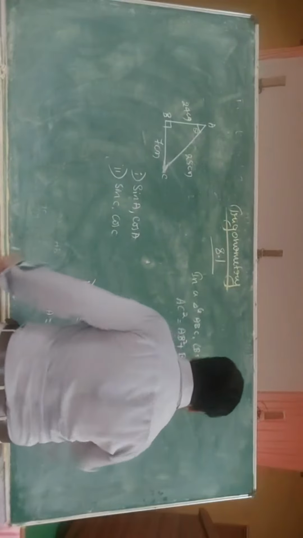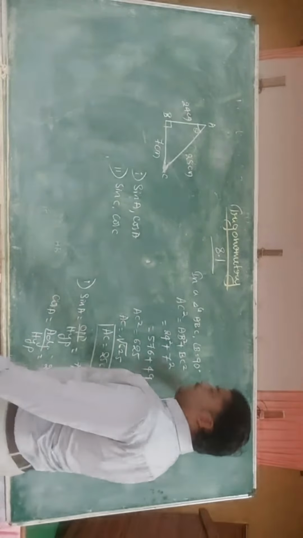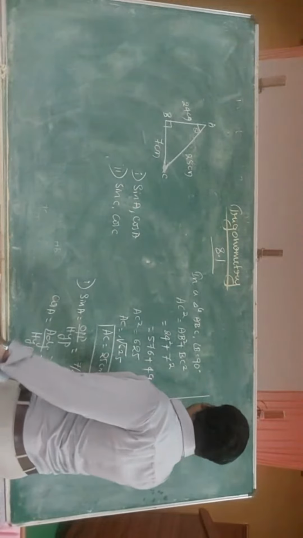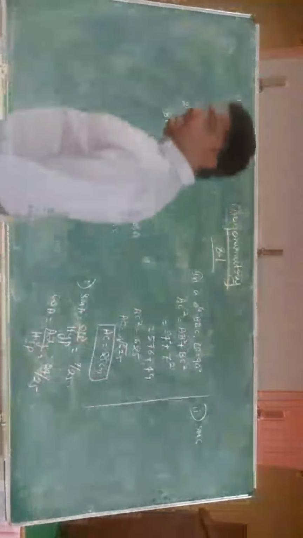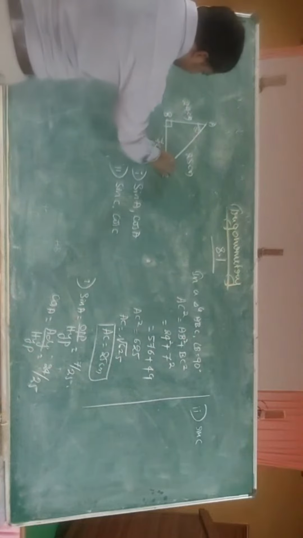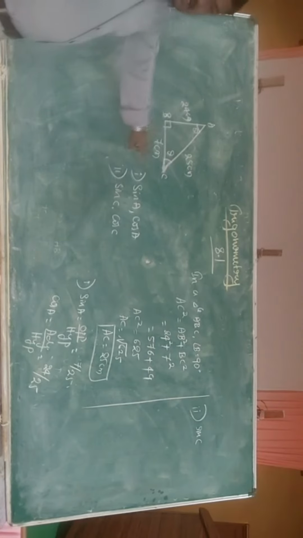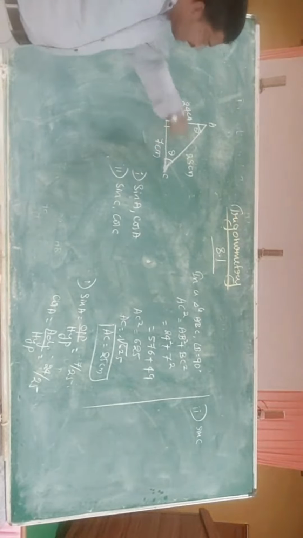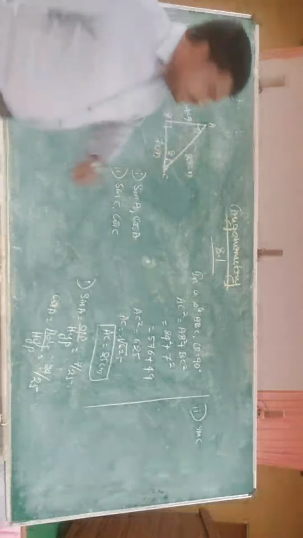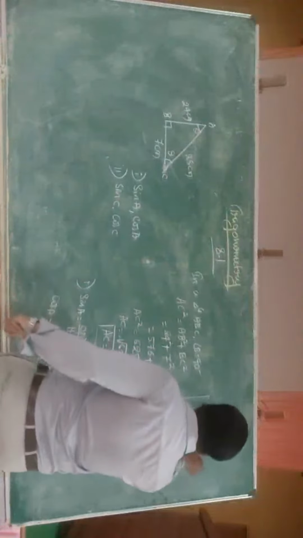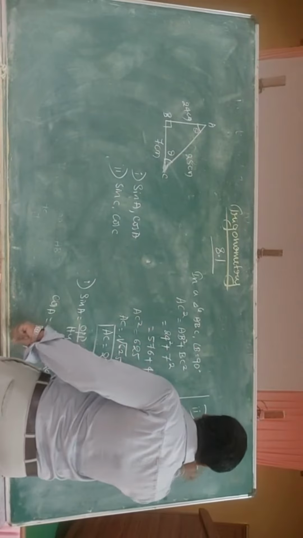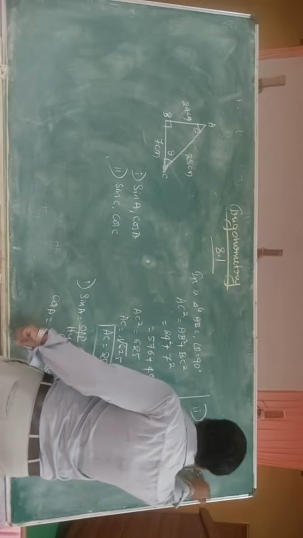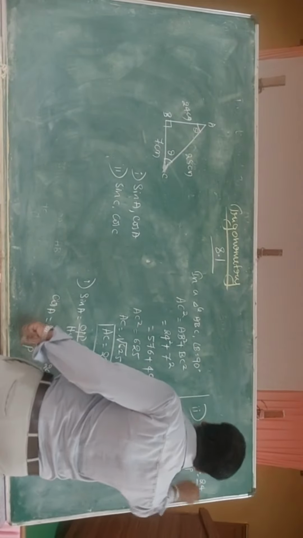So now second one, sin C. Now the angle shifted from A to C. Angle formed at C. Sin C is equal to opposite upon hypotenuse, which is 24 upon 25.